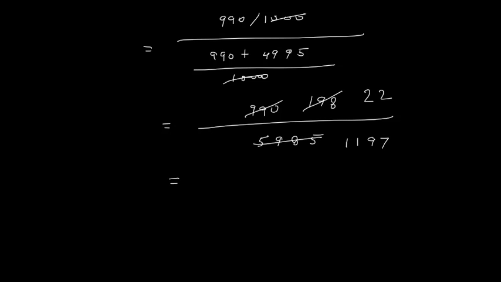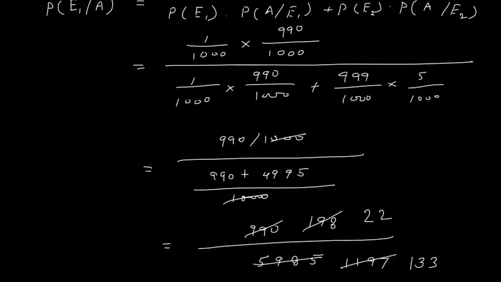Here also with 9 I will cancel. 9 ones are 9, 2, 29, 29. 9 threes are 27, then 2, 9 threes are 27. So 22 upon 133. Okay, so I will get the answer as 22 upon 133. So 22 upon 133 is the answer.